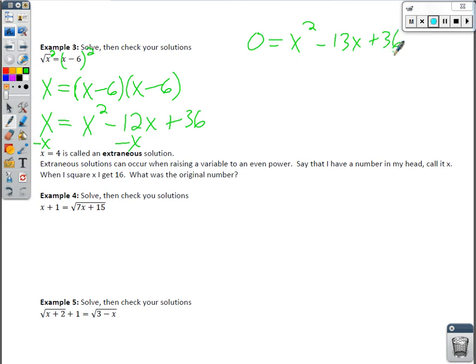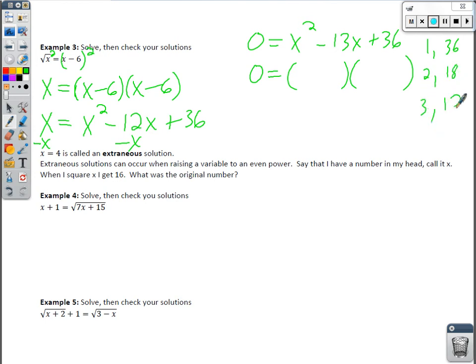And on this thing, we could use the quadratic formula, or this one is actually factorable. So I'm going to factor because it's a bit faster than using the quadratic formula. Now we're going to look for factors of 36 that add up to negative 13. So two numbers that will multiply to be 36 and add to be negative 13. When I'm doing this, I like to list the factors.